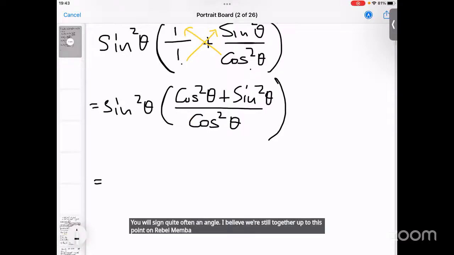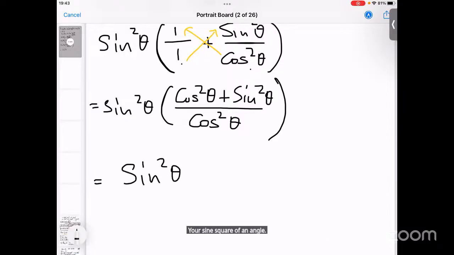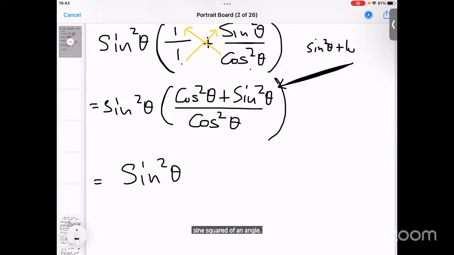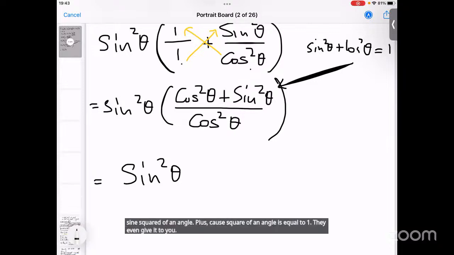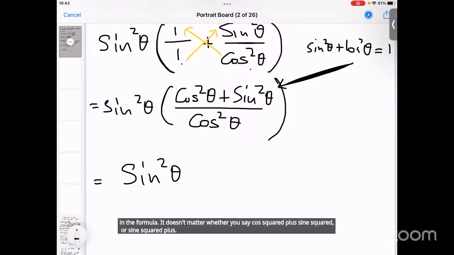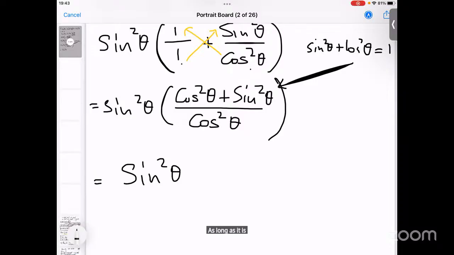And so you still have your sine squared of an angle. Trust me when I say this thing, you must always remember that it's equal to 1. You remember, we said sine squared of an angle plus cos squared of an angle is equal to 1. They even give it to you in the formula sheet. Doesn't matter whether you say cos squared plus sine squared or sine squared plus cos squared. As long as it is that, it will always be equal.